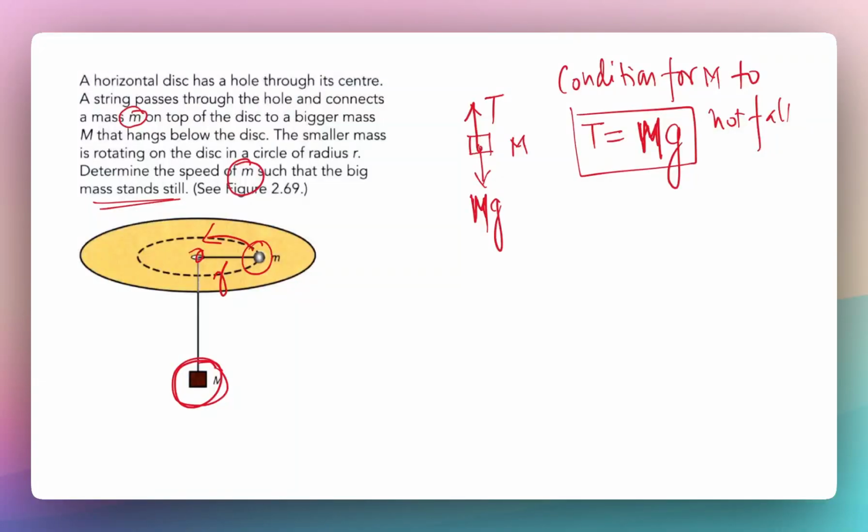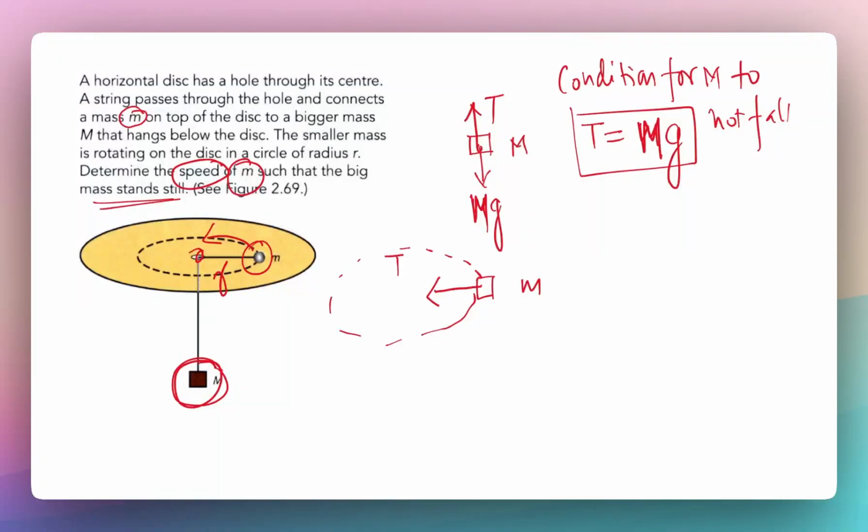But in the question they're asking what is the speed of the small mass m, which is rotating. Now let's look at the forces acting on small mass m. There is also only one force, which is the tension, which will provide sufficient centripetal acceleration to rotate like that.